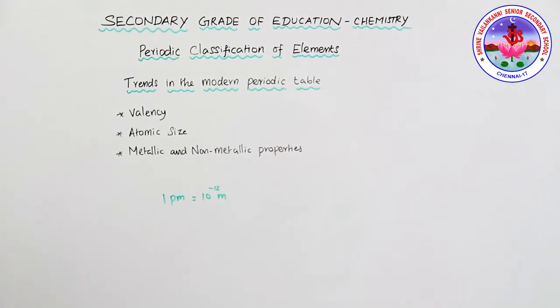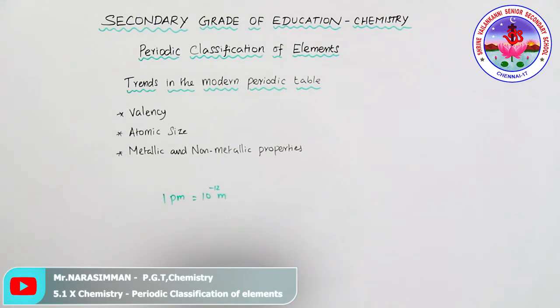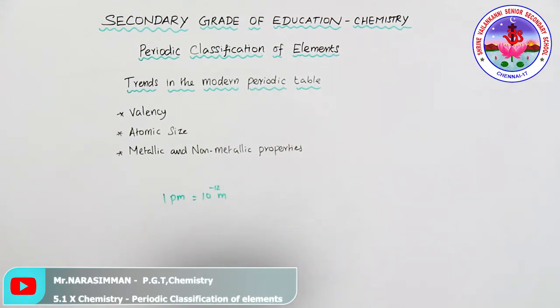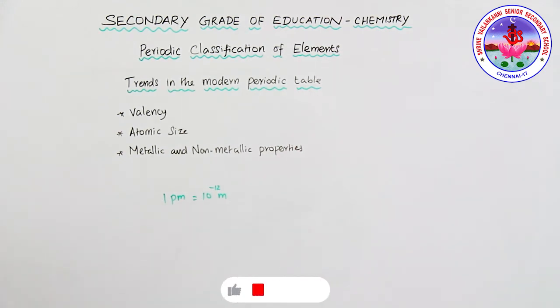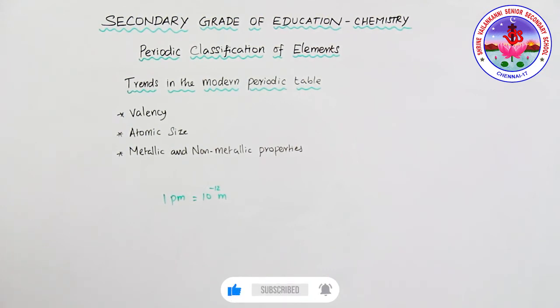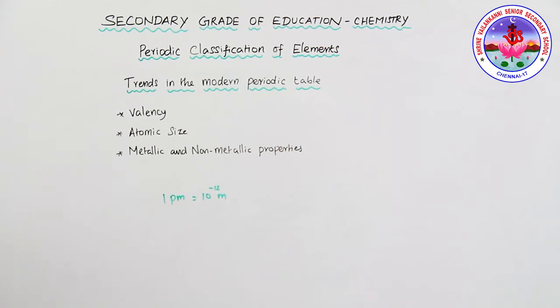Now metallic and non-metallic properties. The metals like sodium and magnesium are towards the left hand side of the periodic table, that is group 1 and group 2 elements. The non-metals like sulfur, chlorine and carbon are usually found on the right hand side, and in the middle we have silicon, which is classified as a semi-metal or metalloid, because it shows some properties of both metals and non-metals.